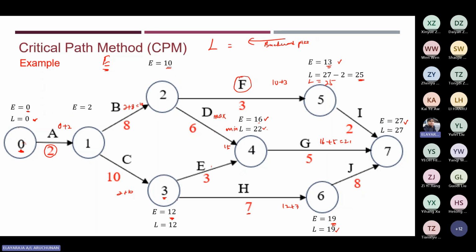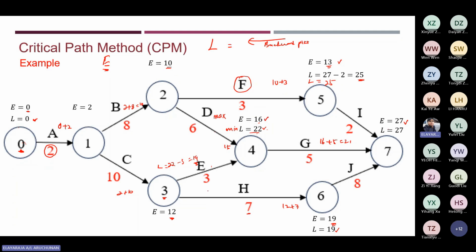If you take 22 minus 3, how much do you get? 19, right? 22 minus 3 gives 19, this is for L from this part. Now we need to compare. If you take this part, you get 19.